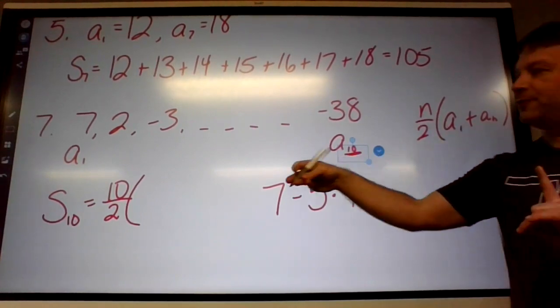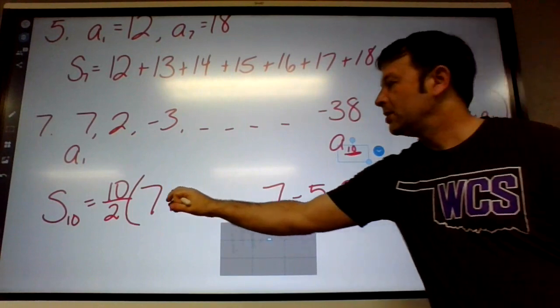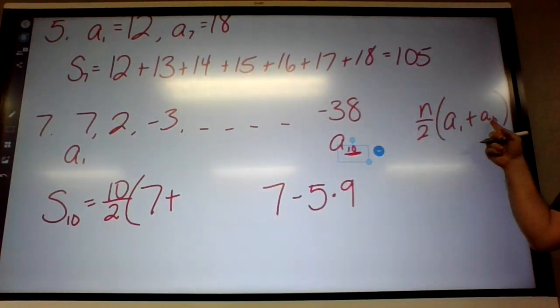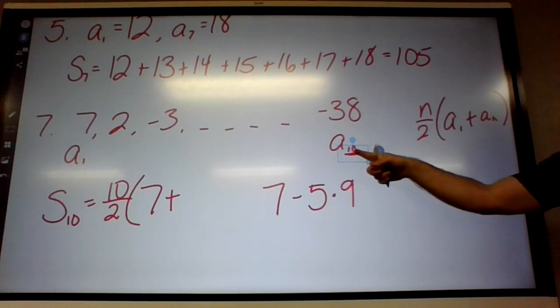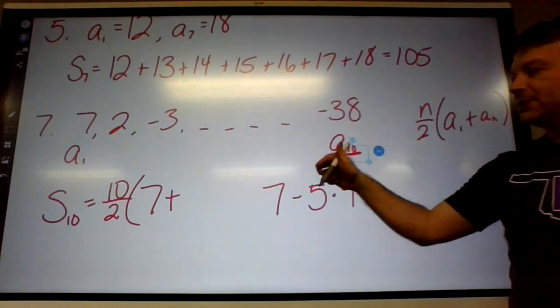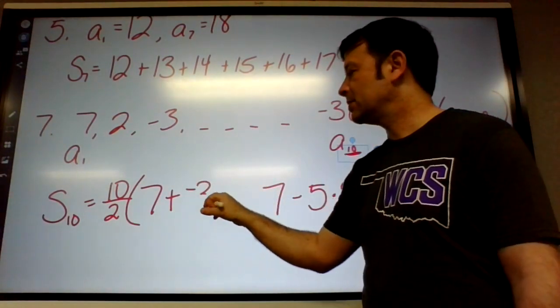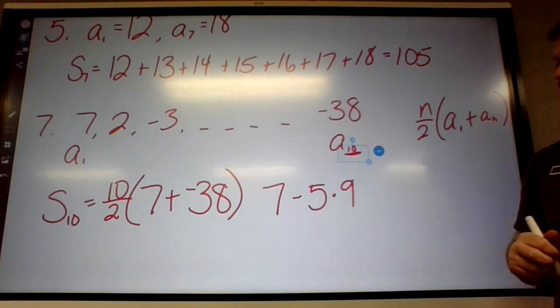It stands for the first term, which is 7. And what does a sub n stand for? It's the last term, the 10th term, so basically negative 38. And that will give you the answer.